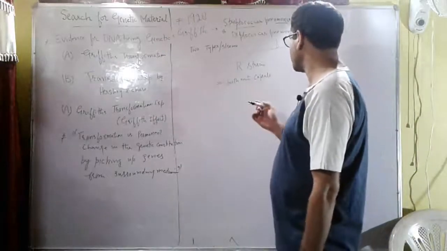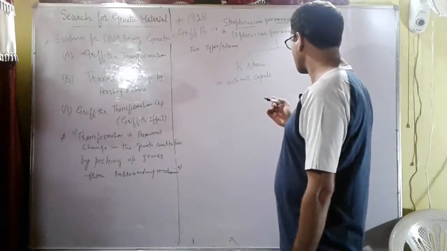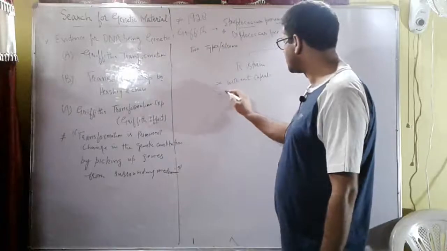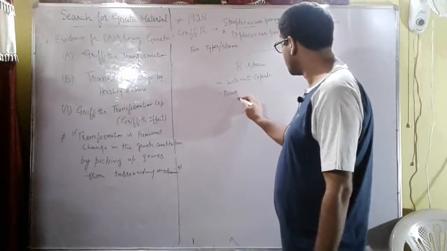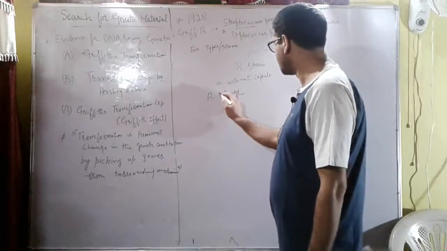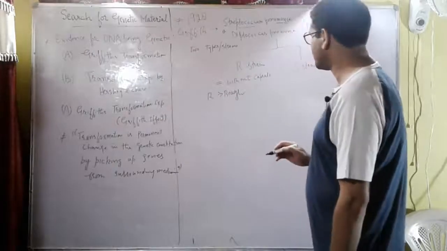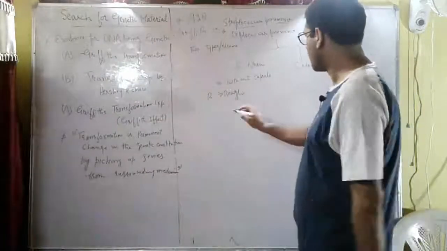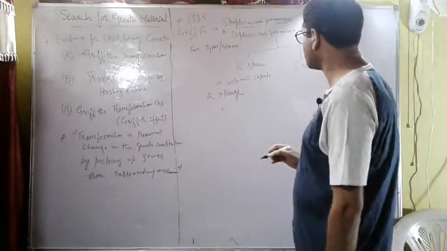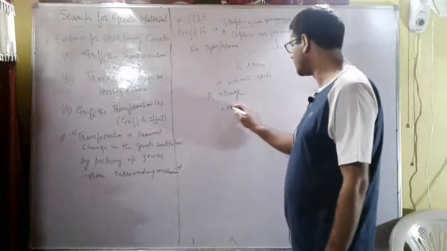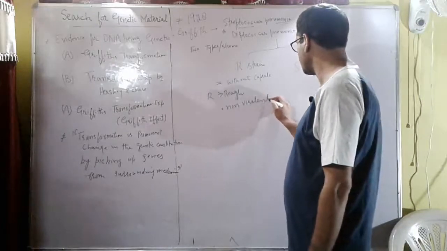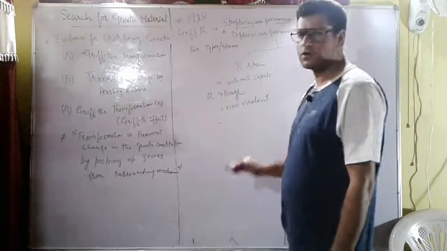This is what is called the R strain. R simply means rough. That means this strain does not have a capsule outside the cell wall. So this R strain is non-virulent. It does not cause disease.